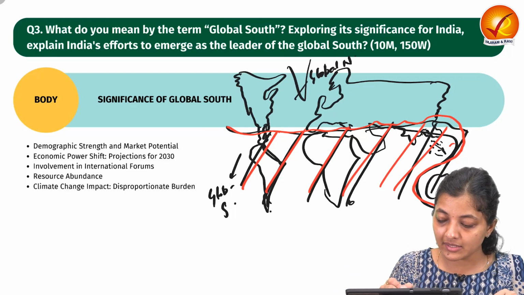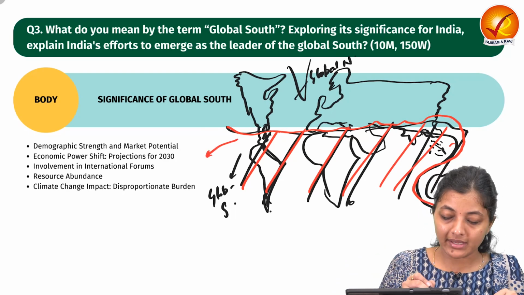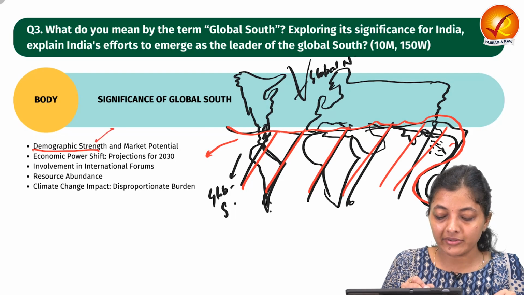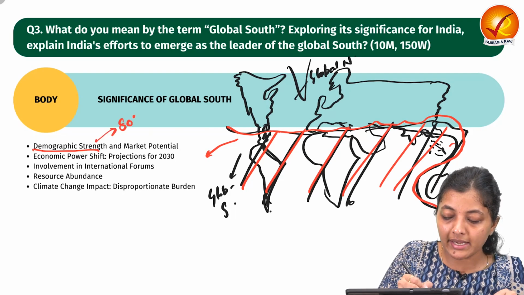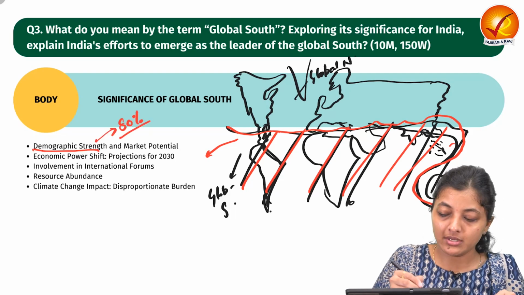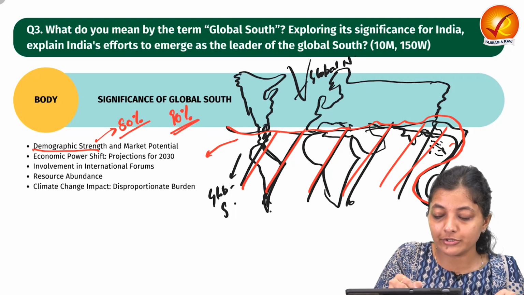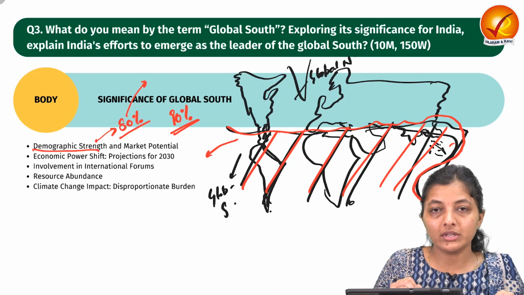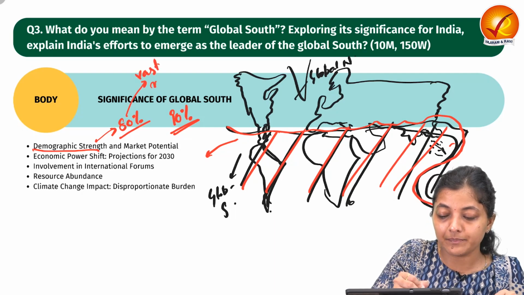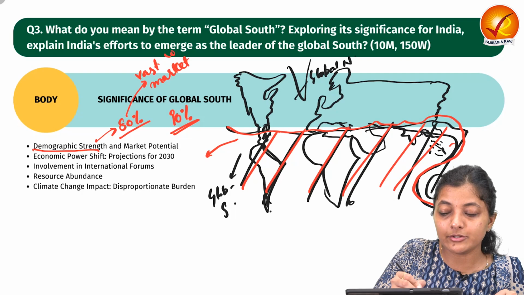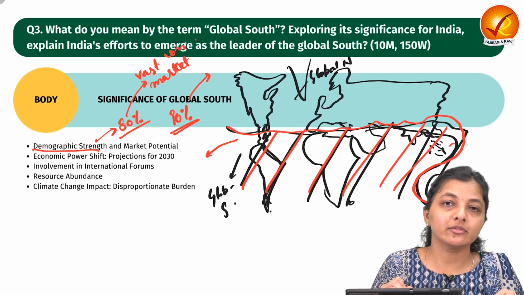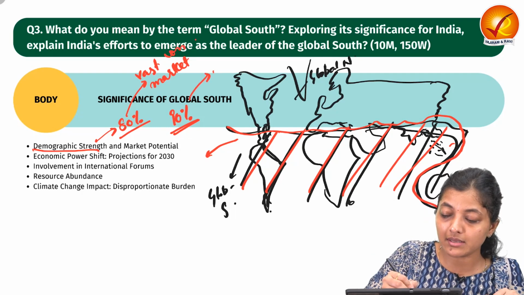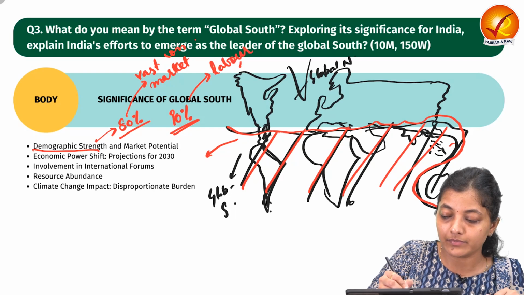What is the significance? You can show directly via the map, like demographic strength. You can show that 80% of the world population and 90% of the world's youth is in the Global South. 80% of the global population means it is a vast consumer market, and 90% of the global youth means it is a major labor force.